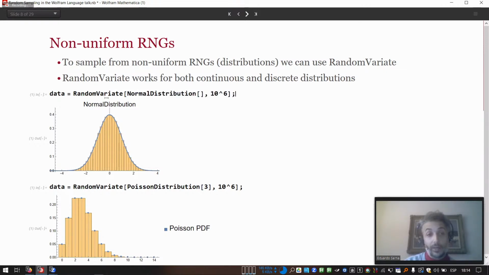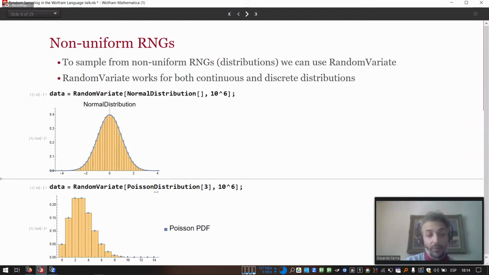So here we have the normal distribution, which is the most canonical one, the continuous distribution, also called the Gaussian or the bell curve. We sample 1 million data points, and the histogram looks like it should. The blue line is the PDF, and the histogram is bell-shaped.